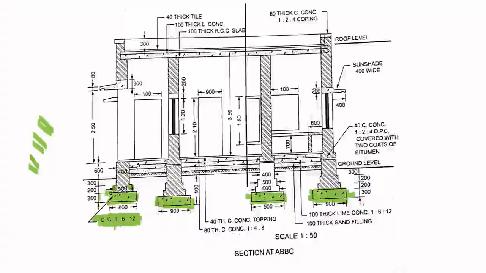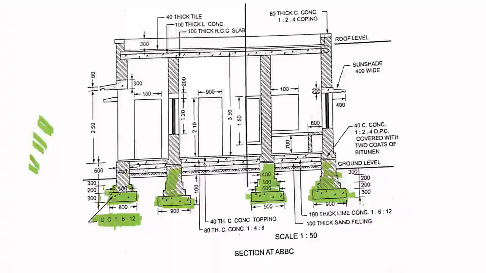This 500 brick masonry is of height 200 mm and then after that for 300 mm plus this 600 mm you have brick masonry. Here when you come to the next parts, it is 600 mm, 500, 400 brick masonry. Same thing here also.